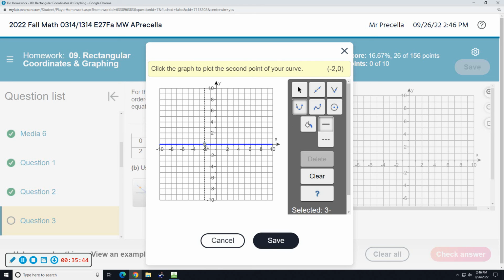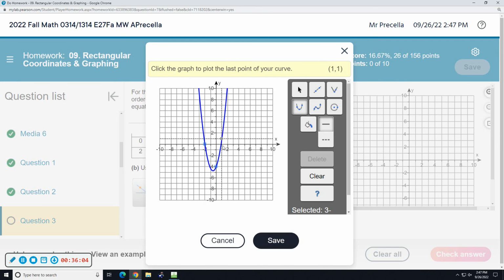There's the first one. What's the next point we want? 0, negative 4. Is that 0, negative 4? Do y'all see the coordinates there in that yellow box? Yes. And now it says plot the last point. What was the last point?